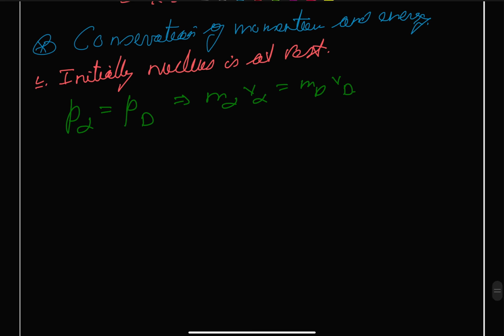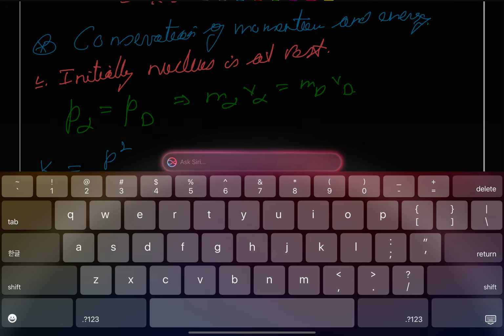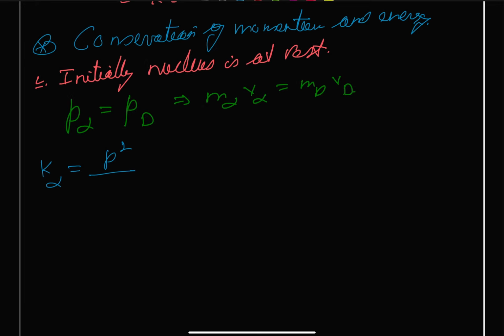And their respective kinetic energies: kinetic energy of alpha is equal to p square upon twice the mass of alpha, and kinetic energy of the daughter will be equal to p square upon twice the mass of the daughter. So from here we can find the ratio. K alpha upon K daughter will be equal to mass of daughter divided by mass of alpha.